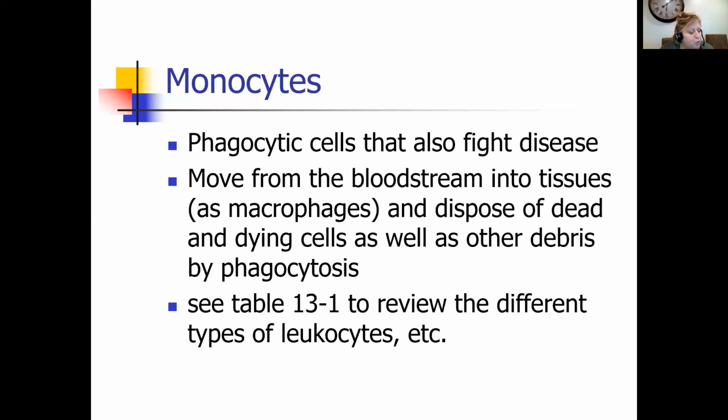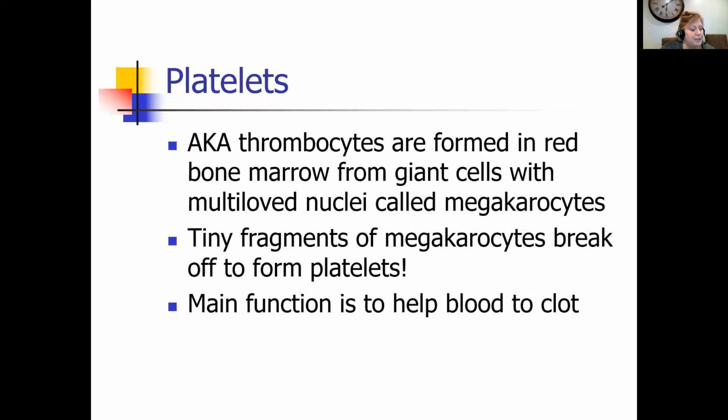So we have the erythroblasts, or red cells, and the 5 types of white cells. Okay, 3 granulocytes, 2 agranulocytes. The platelet is right next to the erythrocyte on page 505.